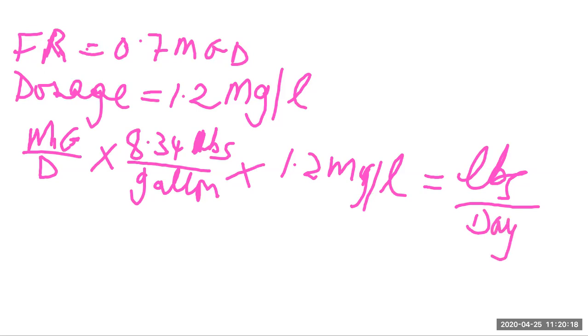I start off by saying in one day, because you have day here and day here on both sides of the equation. So you're getting how much pounds in this one day.